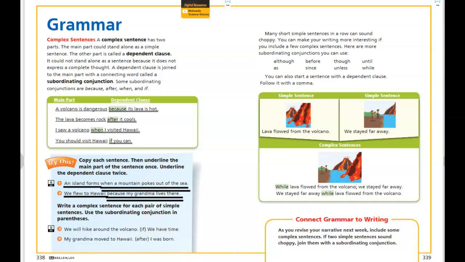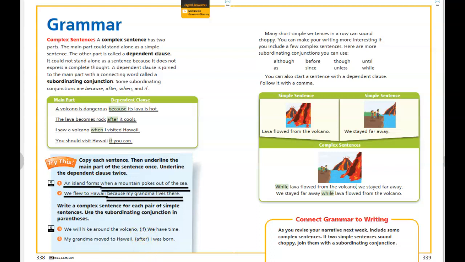Okay, and then for number 3 and 4, we have two simple sentences that we could connect using a subordinating conjunction. Number 3, we will hike around the volcano. That's our first simple sentence. And then we have, we have time. The conjunction we could use to connect them would be the word if.